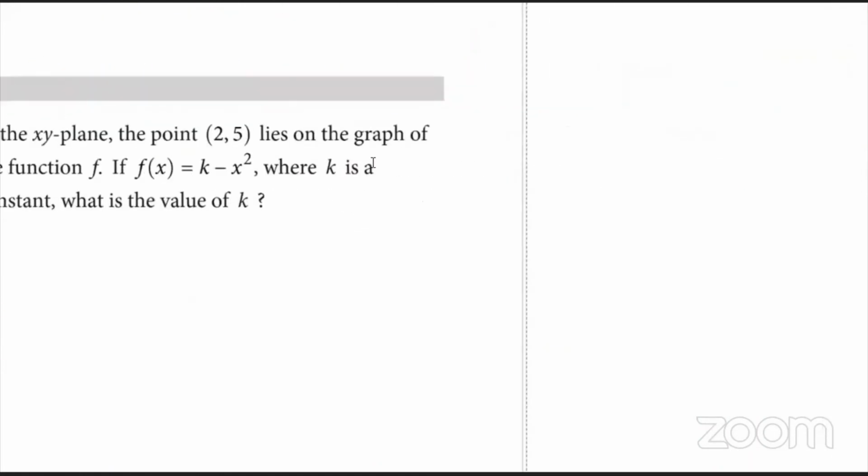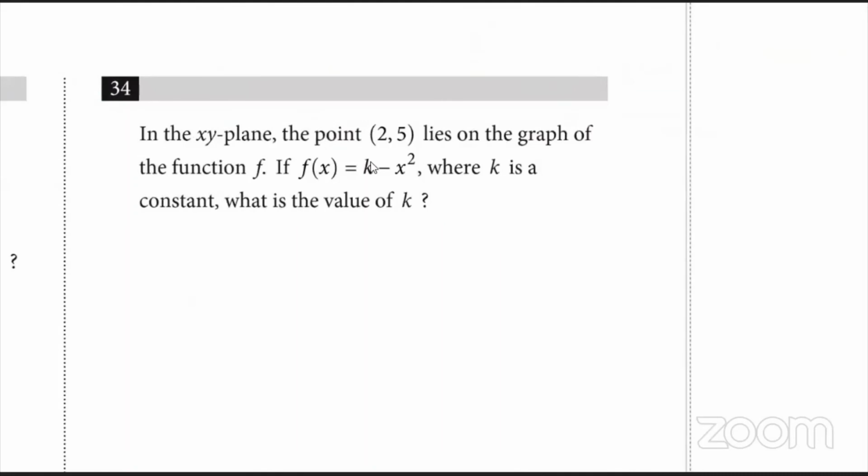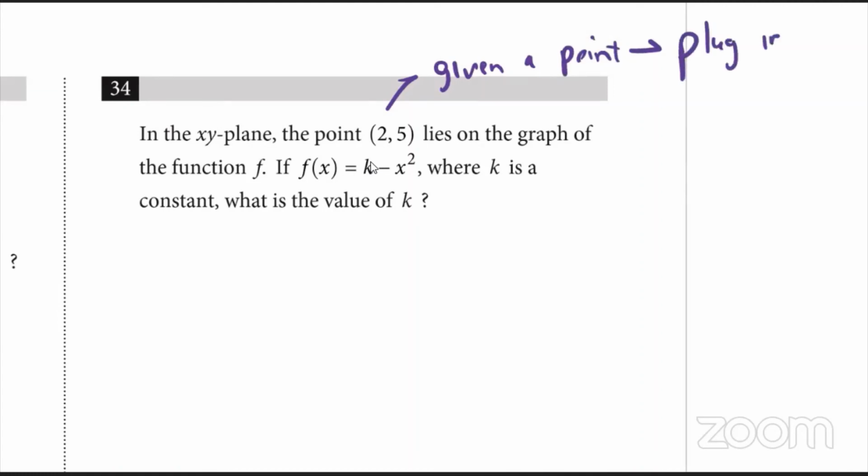Number 34, the point 2, 5 lies on the graph of the function. Okay, so when you're given a point on the SAT, whether it's a straight point like 2, 5 or letters like P comma R, a lot of times you're just being asked to plug it in. So here we have 2 comma 5.